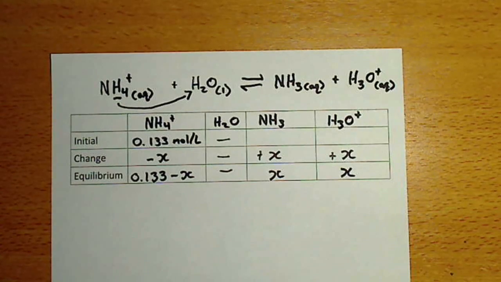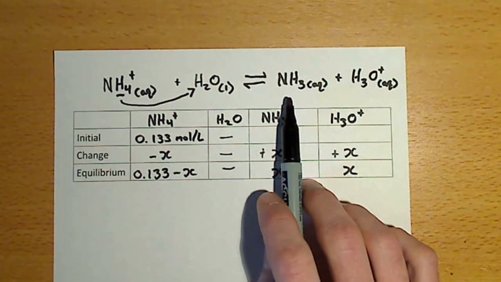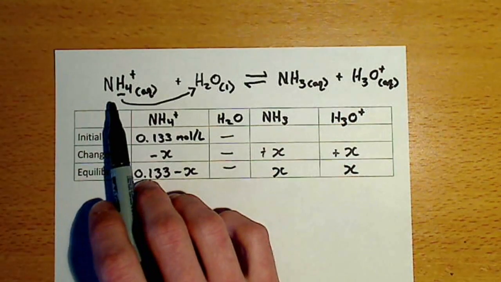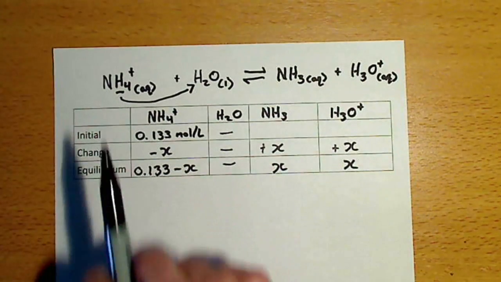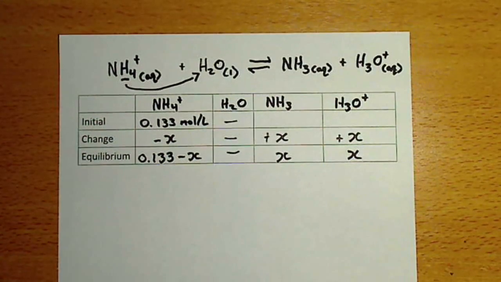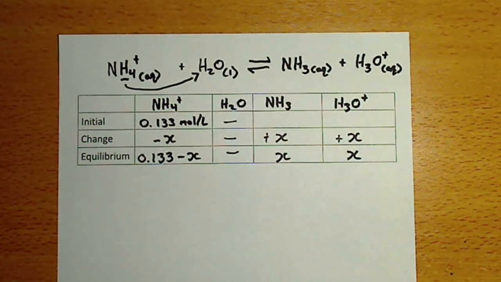We'll need the Ka value of our acid to solve this question. However, in the question, we were only given the Kb of ammonia. Because ammonium ion is the conjugate acid, we can solve for the Ka value by using our Kw relationship.